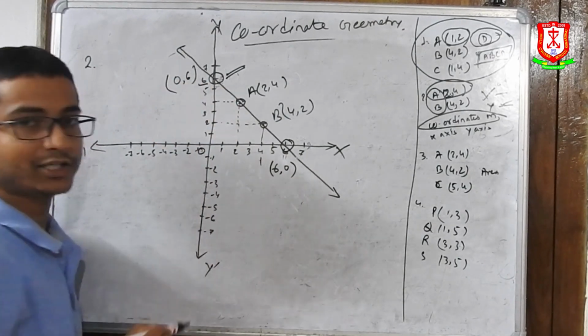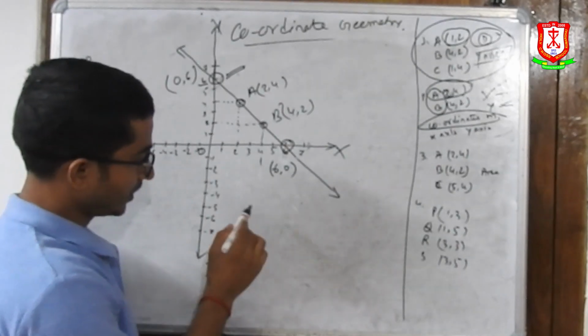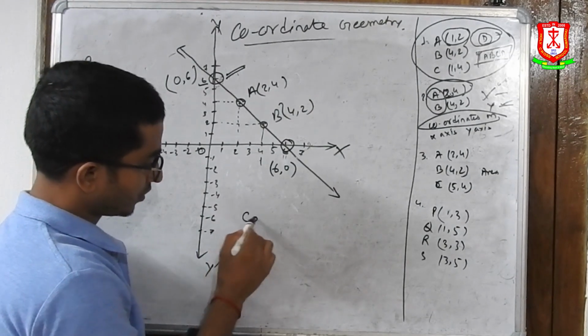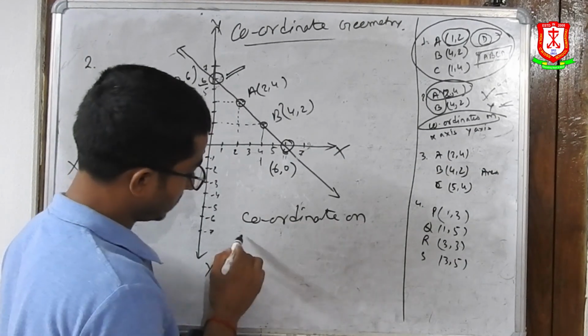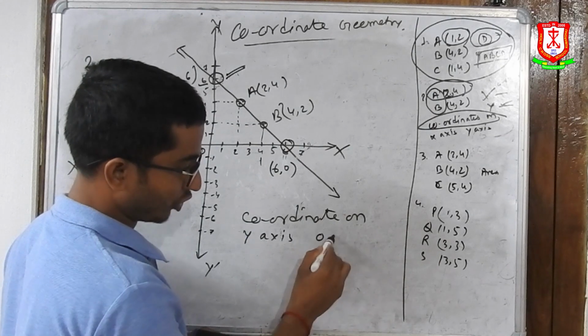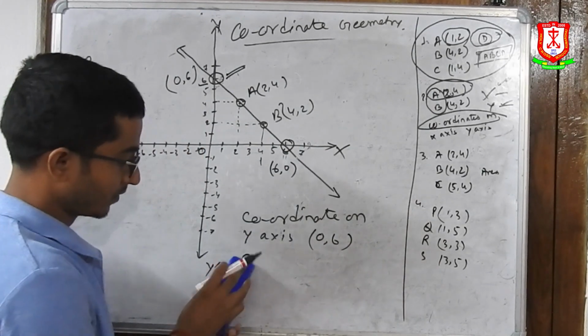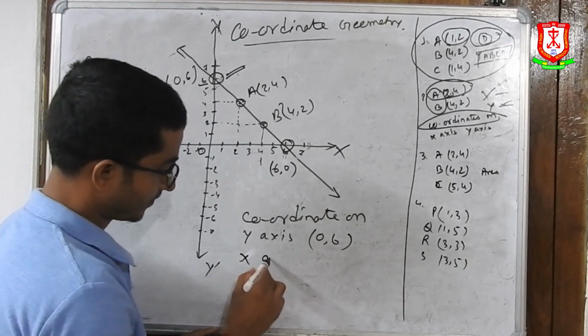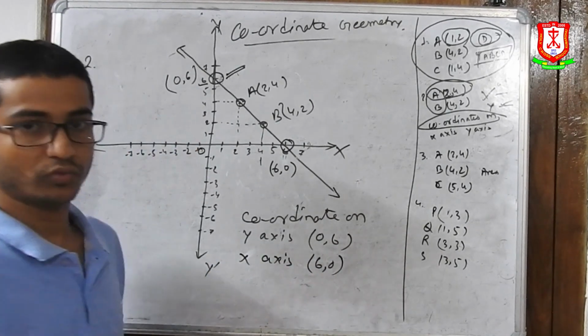Then this is the coordinate on the y-axis. Then what can we write? The coordinate on the y-axis is (0, 6), and on the x-axis it is (6, 0).